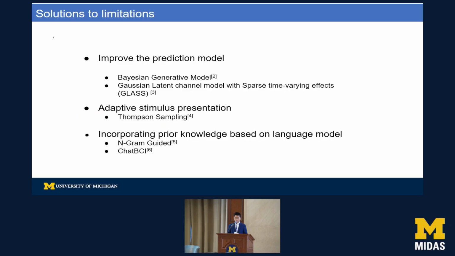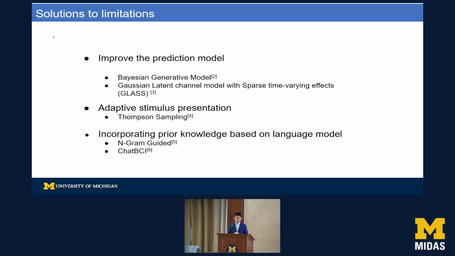But fortunately, we have solutions to these limitations, and people have been working in different directions. The first is to improve the prediction model. We can change to a Bayesian generative model to capture the uncertainty in the brain activity, or you can use the Gaussian latent channel model to model the temporal dependencies in the neural activities.